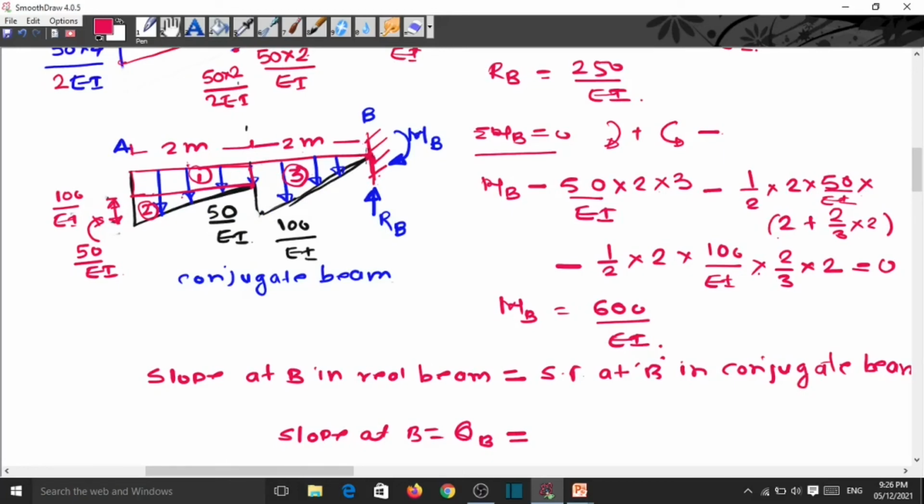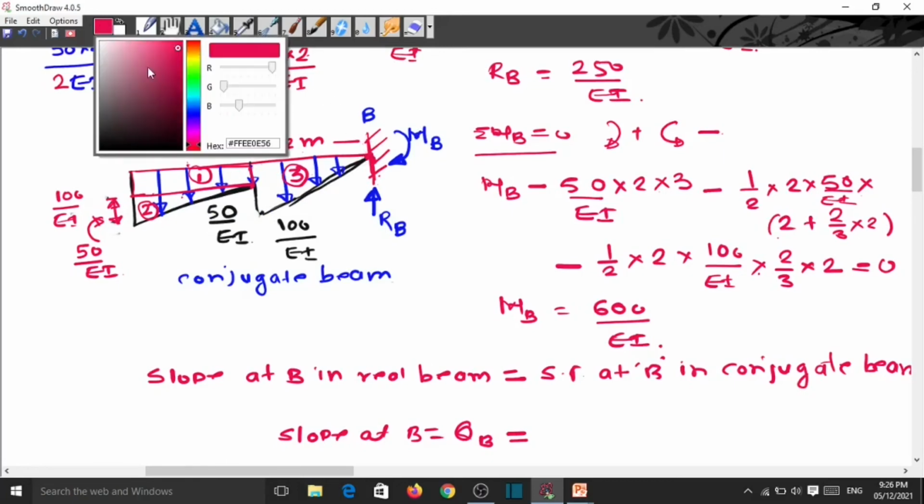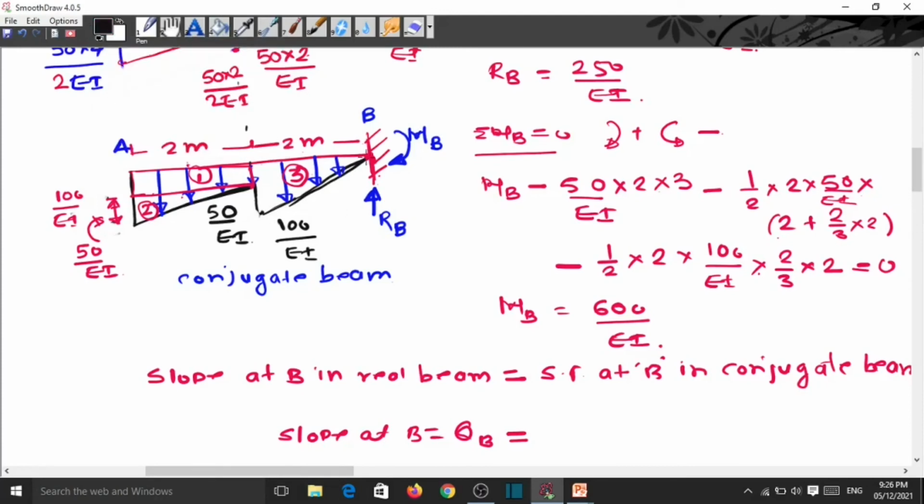Now if we take the shear force at B, that is this RB, and this RB from the right side is negative, so we can say it is minus RB. If you take it from the right side, an upward force is negative, that is minus RB. Or we can make the summation from the left side, where a downward force is negative, so that is also minus RB.